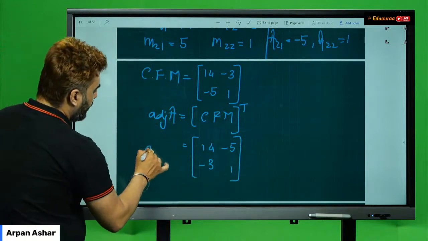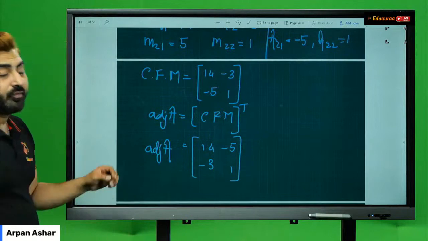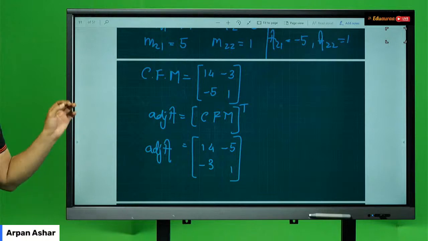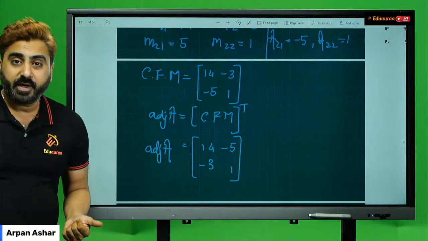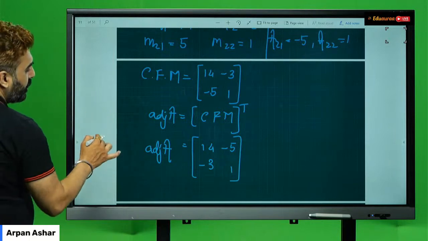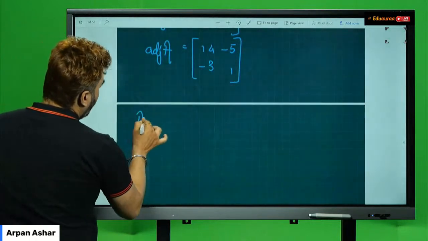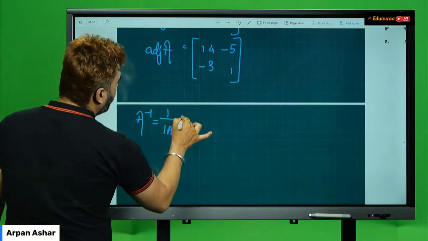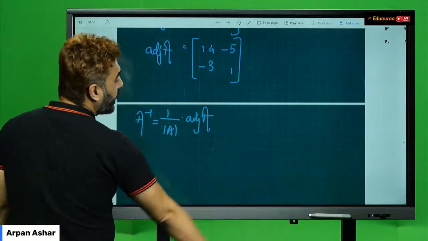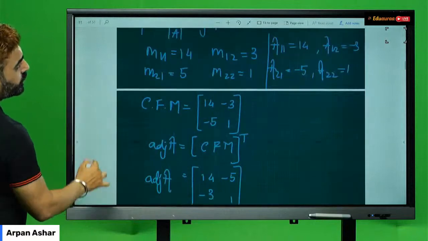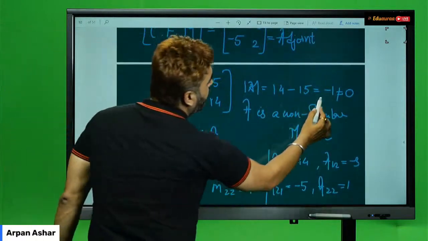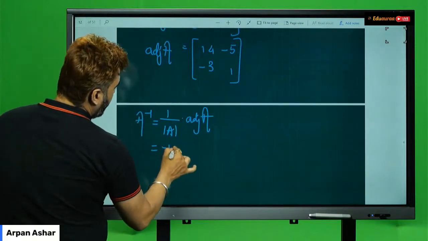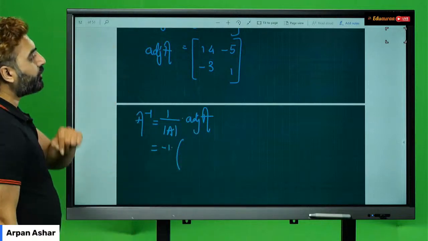Now question क्या था, to find inverse of a matrix. To find inverse of a matrix using adjoint method, what all things were needed? Determinant of A, adjoint of A, मिल गया. So write your formula. So A inverse is equal to 1 upon determinant of A into adjoint of A. Determinant of A क्या मिला था students? Determinant of A हमें मिला था -1. So -1 into adjoint of A क्या मिला?